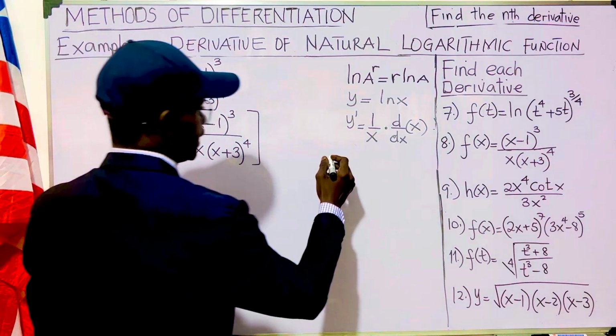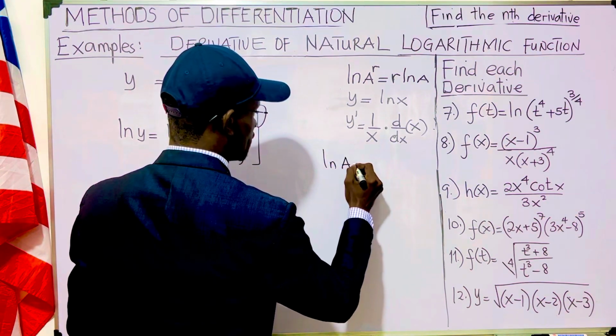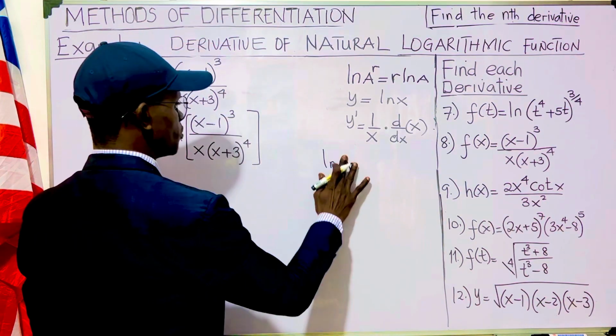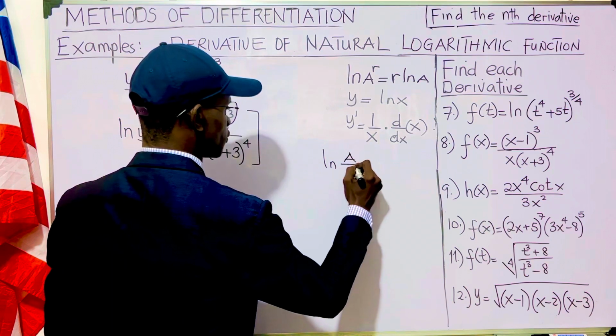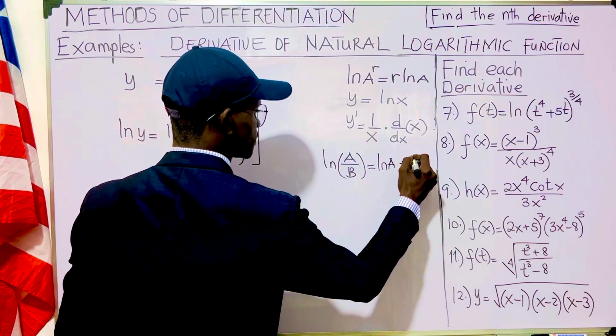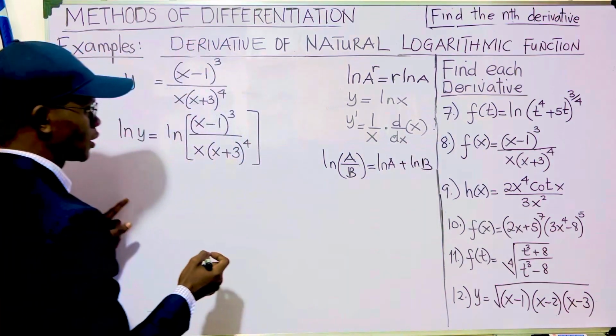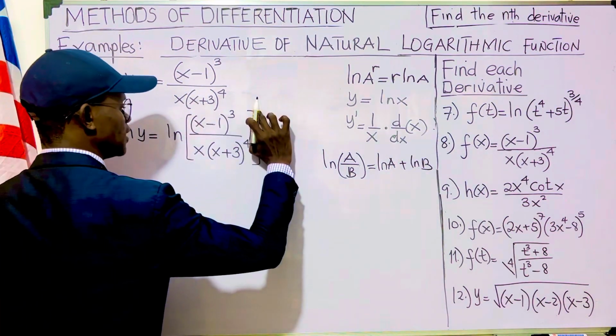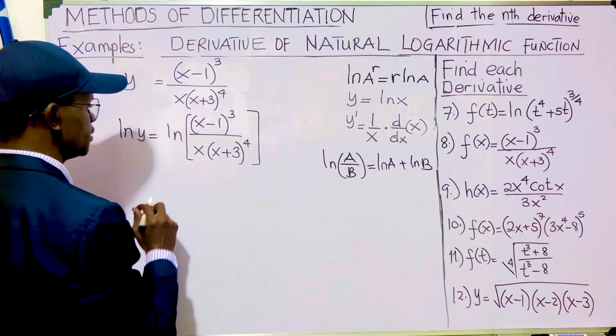Now, ln of a over b is equal to ln of a minus ln of b. So this entire numerator is our a, this denominator is our b.